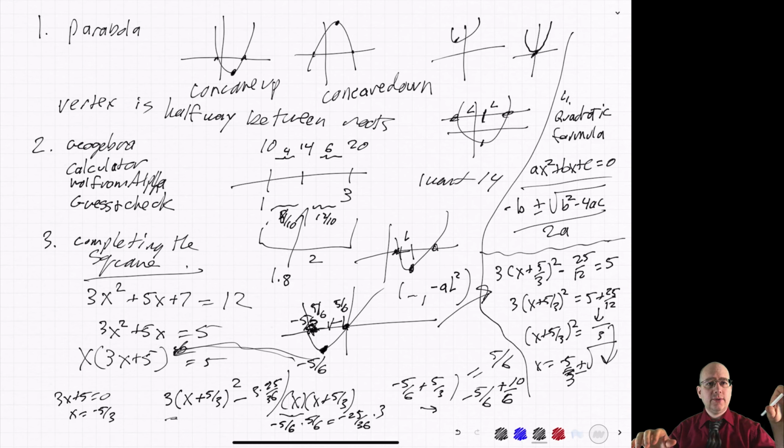Put the extra constant thing on the other side, divide by that coefficient in front of the square thing, that's the a, and then take the square root. You have plus or minus, because when you square something, you don't know whether it was positive or negative afterwards. And then you've got x plus something, put that something on the other side, and you're done.